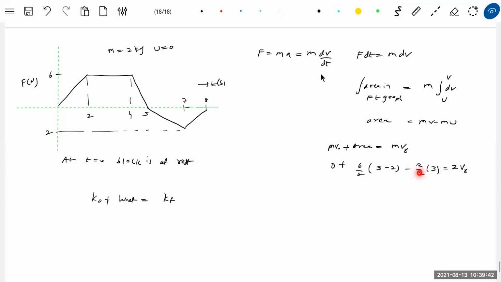Why negative? Why is this one positive, this negative? This area will be positive, no? This will be negative. I'll shade it. This corresponds to half into h into (a plus b).